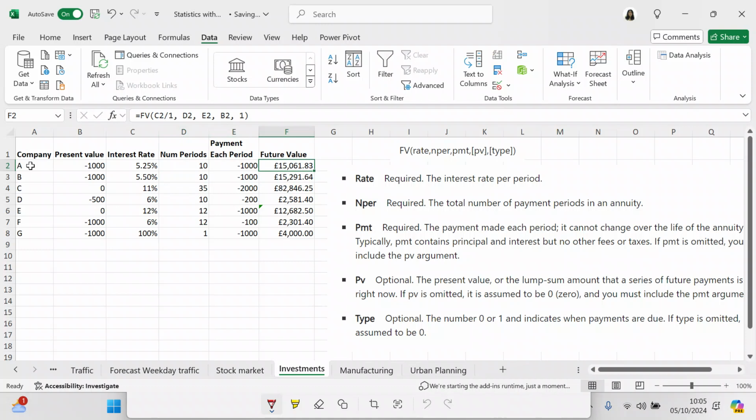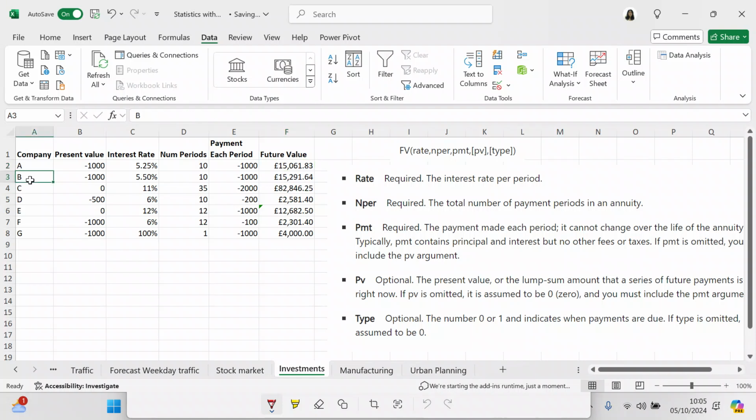B2 is going to be the present value, which is 1,000, and 1 is going to be the type. And it says that if the last digit is omitted, the type is assumed to be 0. So that's going to be your first investment.